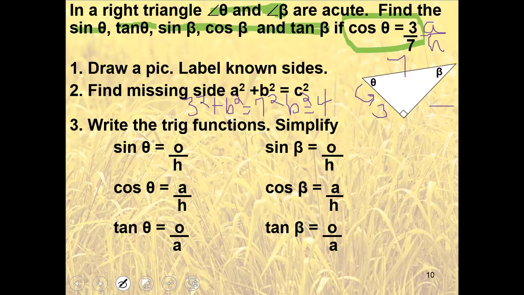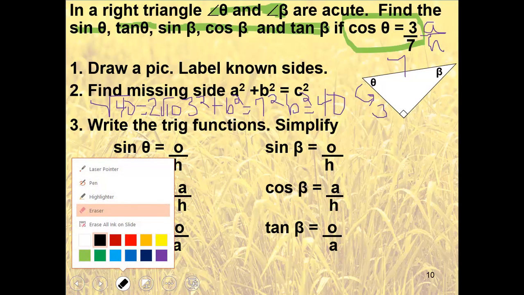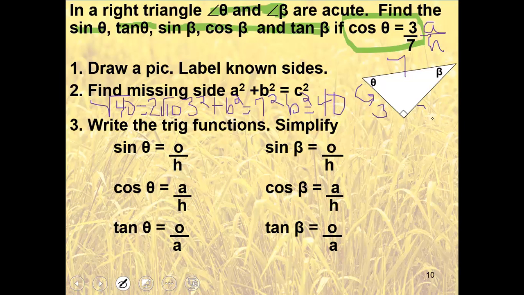That's the square root of 40, which is 2 square roots of 10. So this side must be 2 square roots of 10.